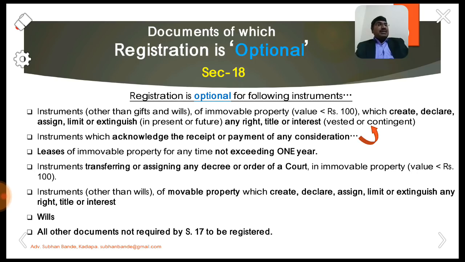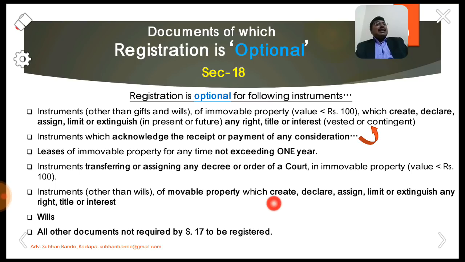Transfer of movable property, registration is optional. For wills, registration is optional; registration is not compulsory for wills. And the most important point we need to remember with regard to registration of wills: many of us have a certain misconception that wills should be compulsorily registered, but it is absolutely wrong.